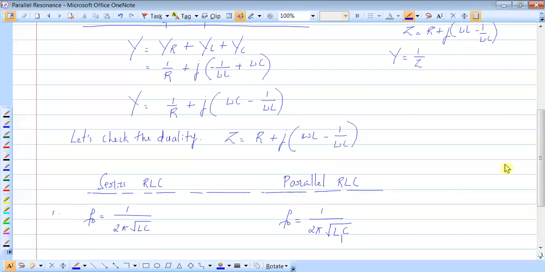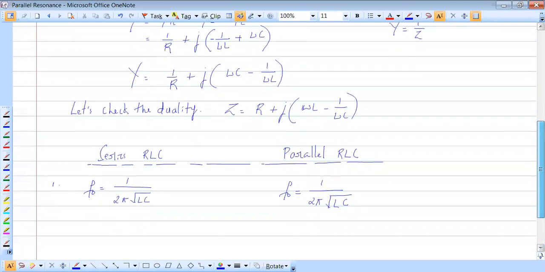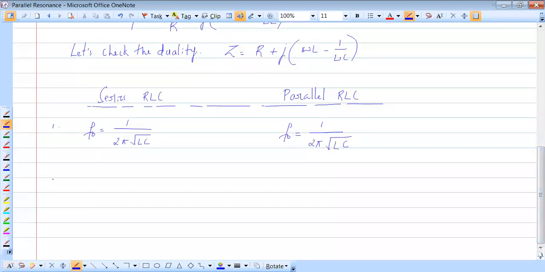Fine. Now, let's take the impedance of the series circuit as we have seen earlier. Impedance Z is given by R plus j omega L minus 1 by omega C. Because of duality, Z would become 1 by Z, so that is Y, the admittance.